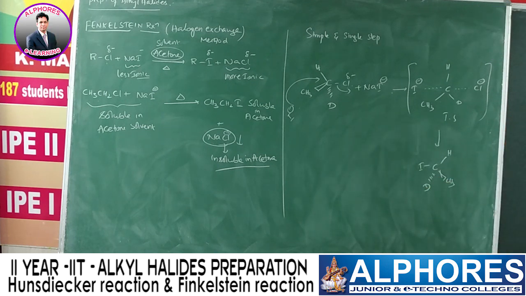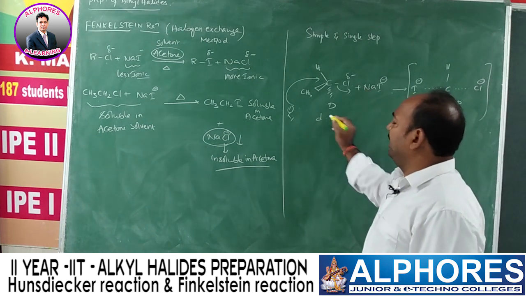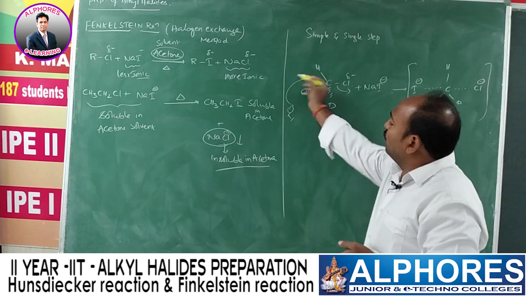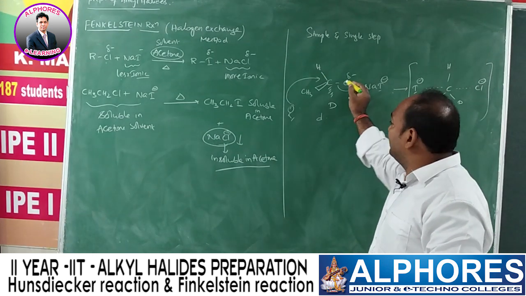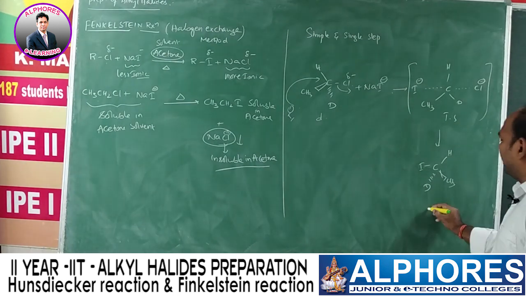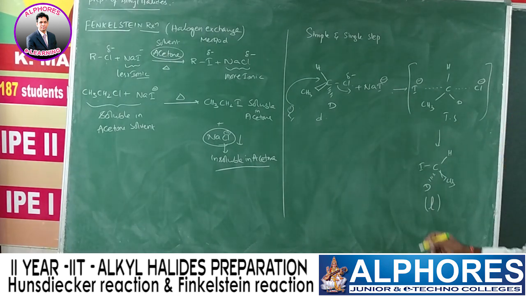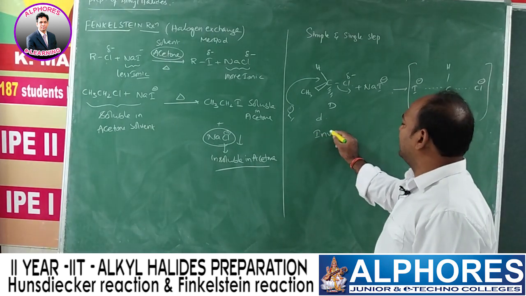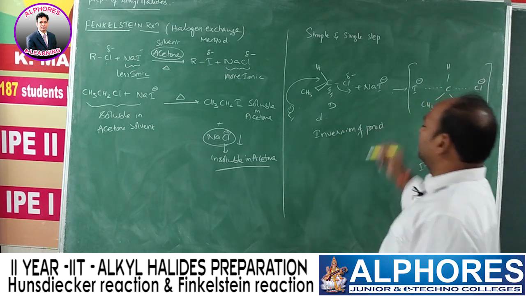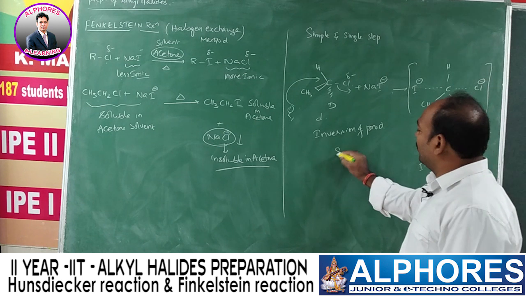Now if the initial one is D, because the attacking nucleophile approaches from the rear side with respect to the leaving group Cl minus, we are getting the product as L. That means we get inversion of the product.